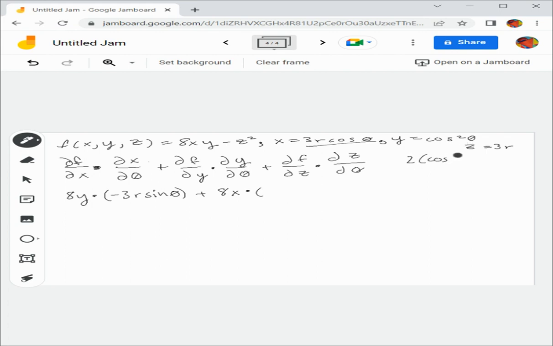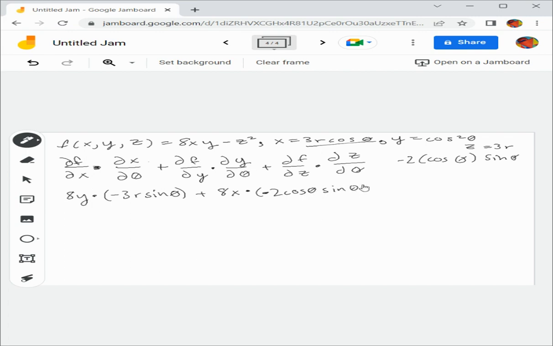That's 2 cosine. I don't remember if this is going to be negative or not. I'm hoping that's what the derivative would be. Yeah, and then we have sine, I believe, then negative everything. I'm pretty sure I'm correct.